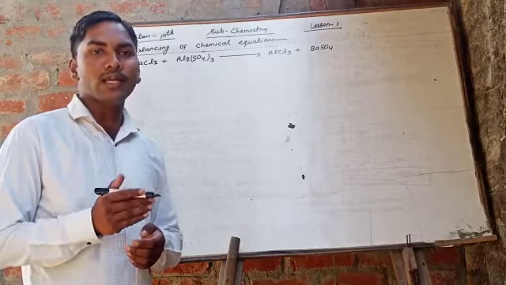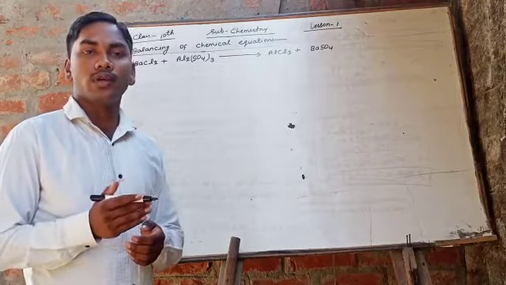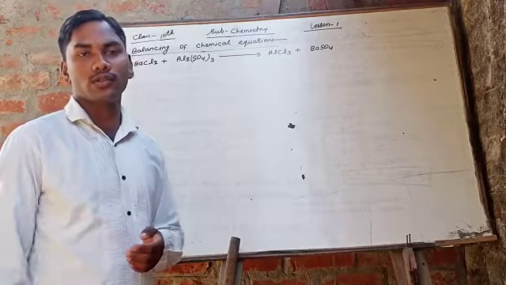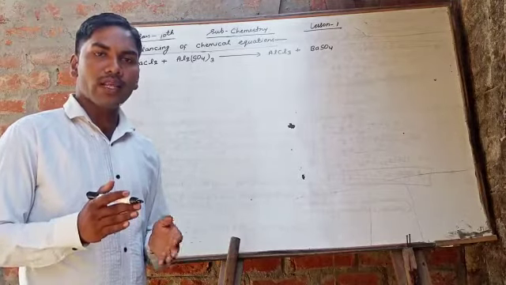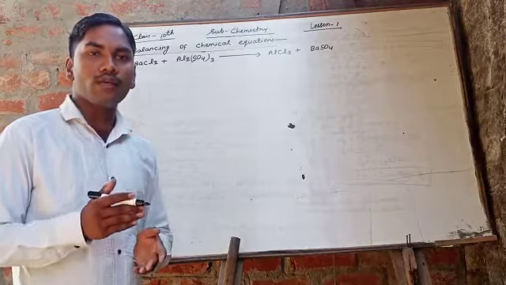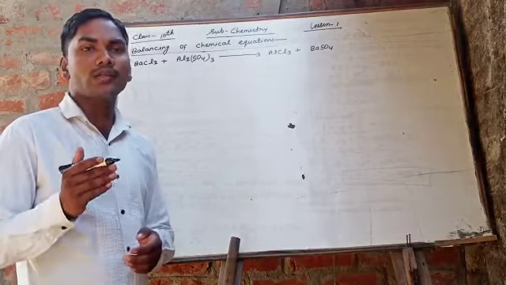In a balanced chemical equation, there are equal numbers of atoms in both reactants and products. The method of balancing chemical equations is known as the hit and trial method.